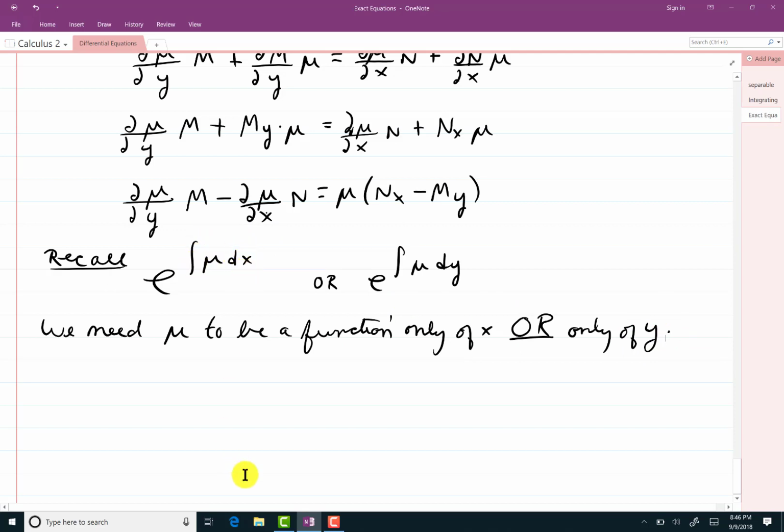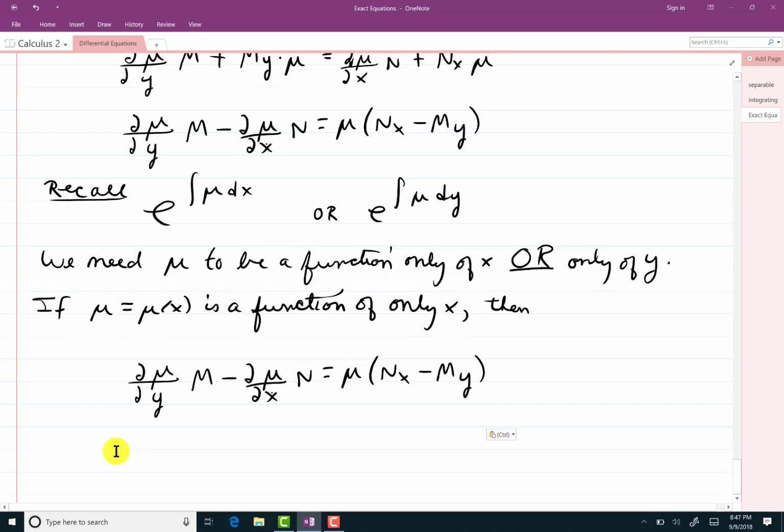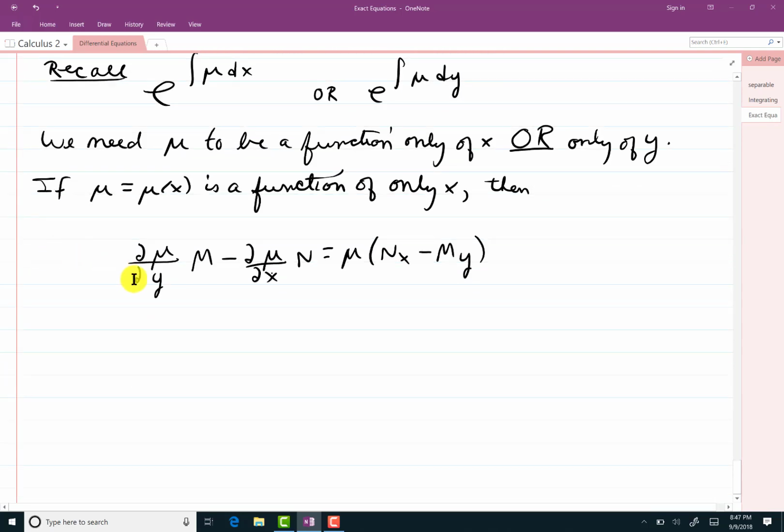So let's start with, if mu equals mu of x, a function of only x, then let's go back to the equation I had up here. If it's a function of only x, then what happens here?